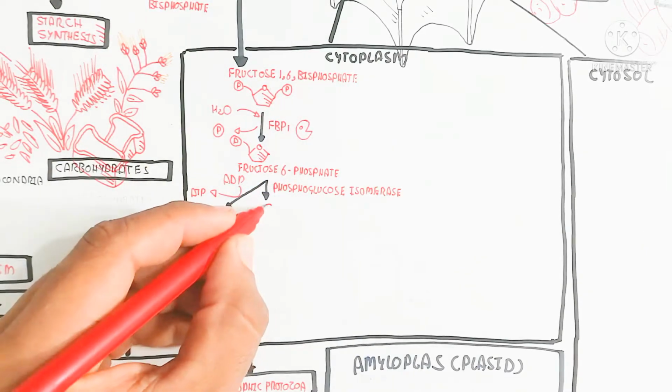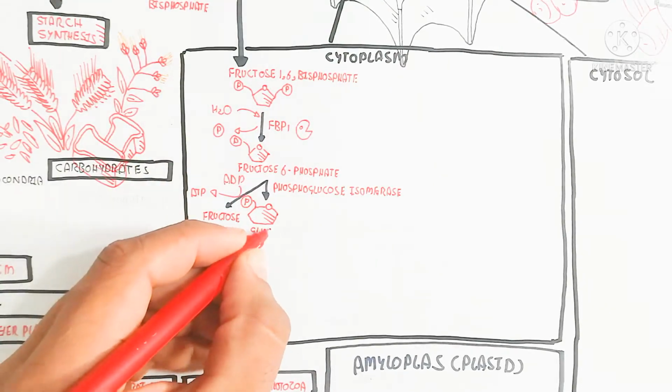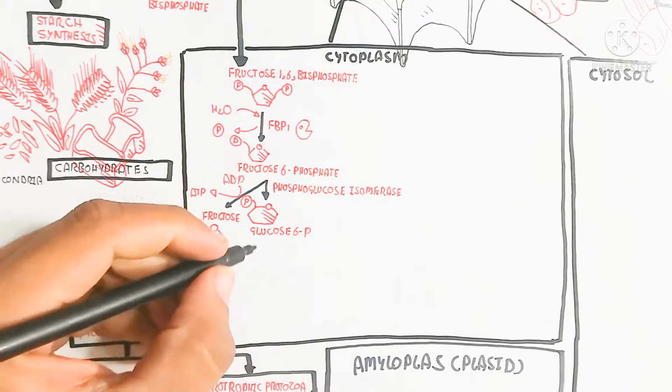On the other hand, the phosphoglucose isomerase enzyme isomerizes this molecule to form glucose 6-phosphate.